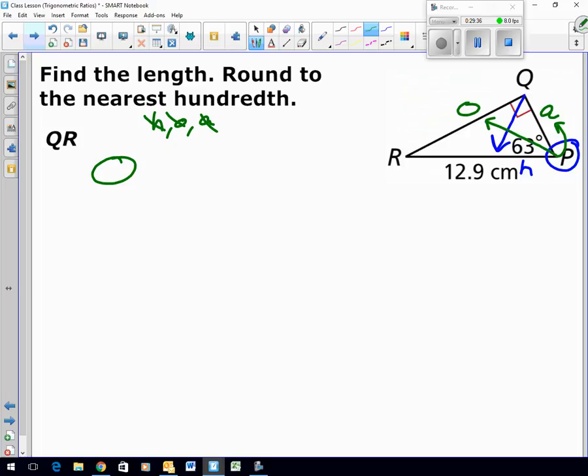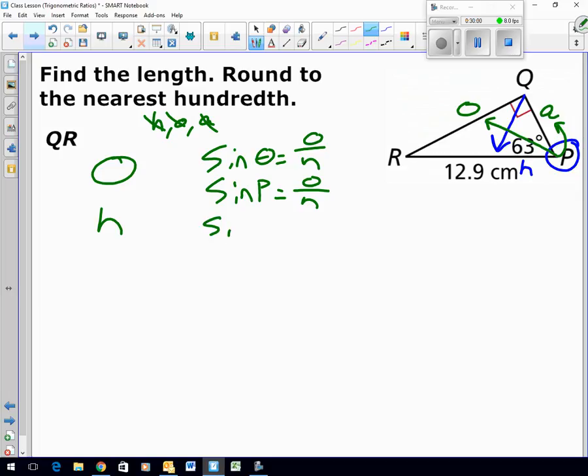You have the hypotenuse, correct? So which ratio deals with opposite and hypotenuse? Sine. Sine of theta equals opposite over hypotenuse. Watch how it works. Sine of theta equals opposite over hypotenuse. The sine of P is the opposite over the hypotenuse.